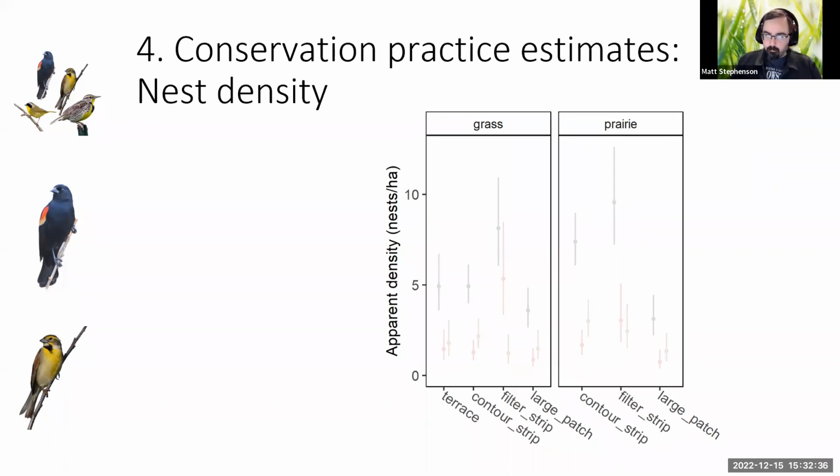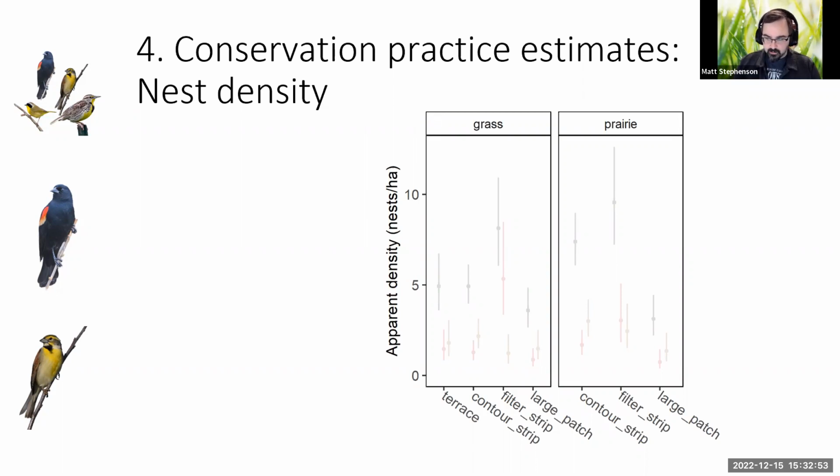We've got prairie vegetation communities in the right panel and lower diversity perennial grass vegetation communities on the left panel, and then a number of different physical form factors that those could take, landscape positions along the bottom.